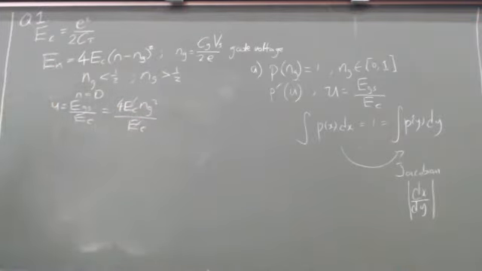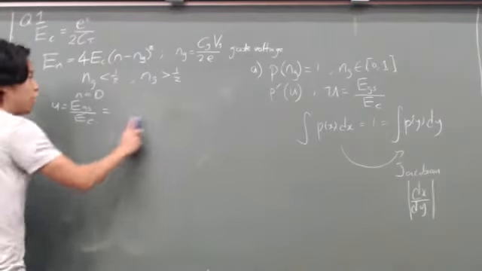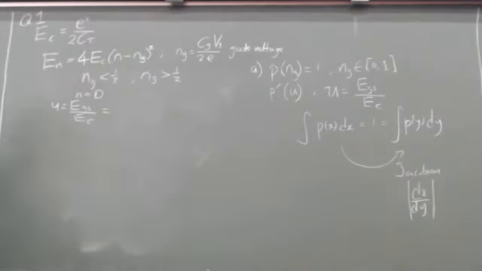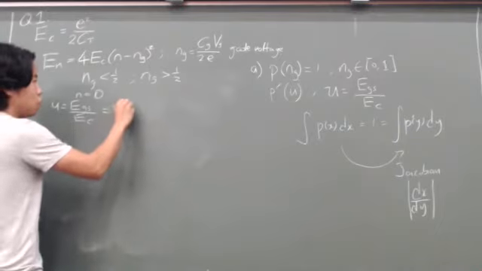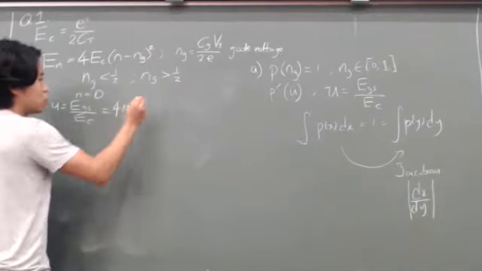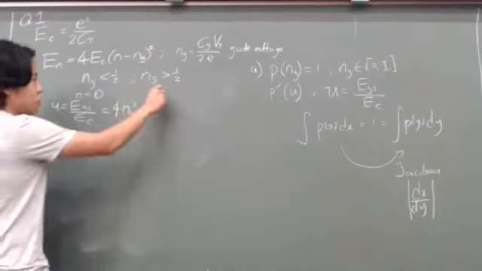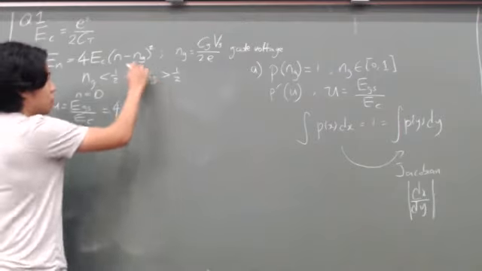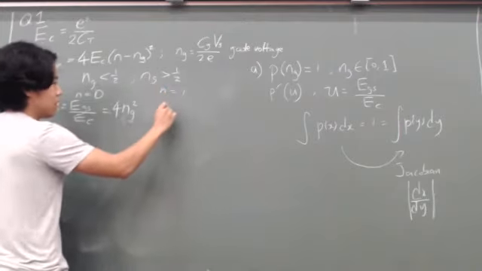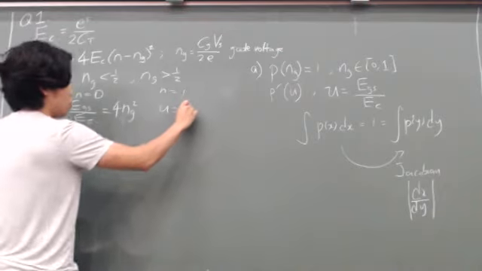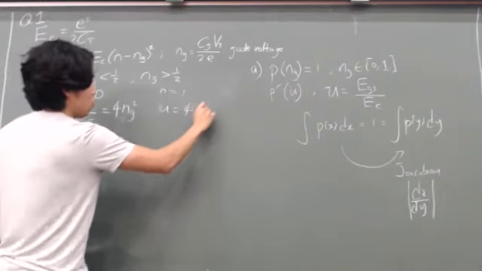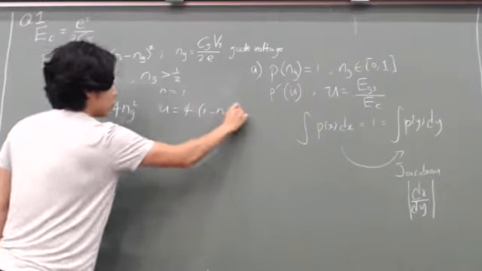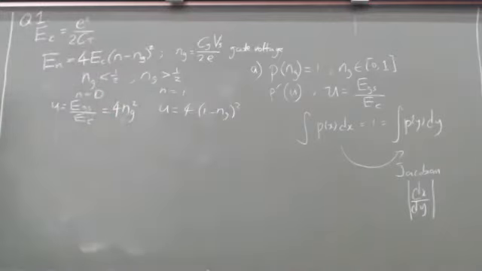So all we have for the ground state U for ng less than a half is just equal to 4 ng squared. And for ng larger than a half, where n equals 1 is the ground state, then U is equal to 4 times (1 minus ng) squared. So we got two separate cases that we have to consider.